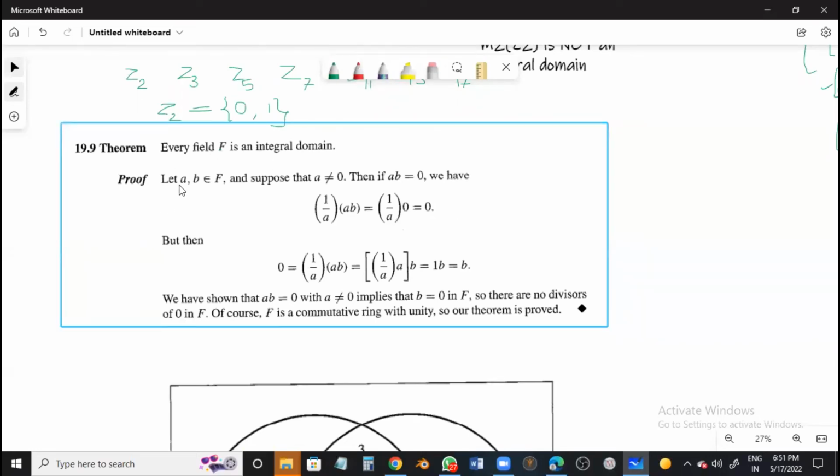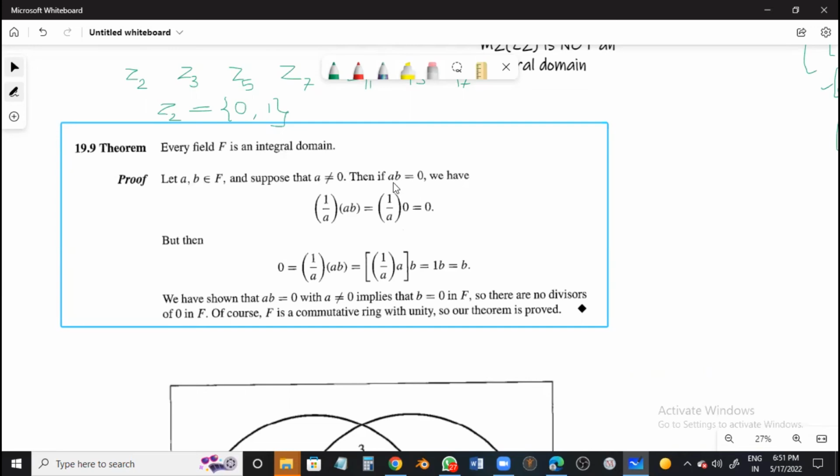So what you observe here, we selected F to be a field. A and B are members of this field, and we suppose that A is not 0, because to show an integral domain means there are no zero divisors. This is our target. So we assume that A is non-zero.